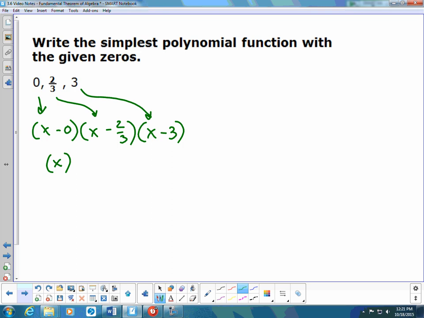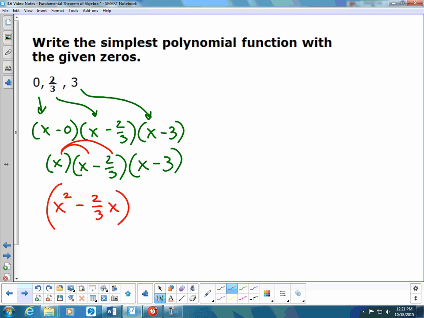So if I multiply x times x minus 2/3 times x minus 3, I start by distributing the x, and I'll get x squared minus 2/3 x. And then I want to multiply that by x minus 3.